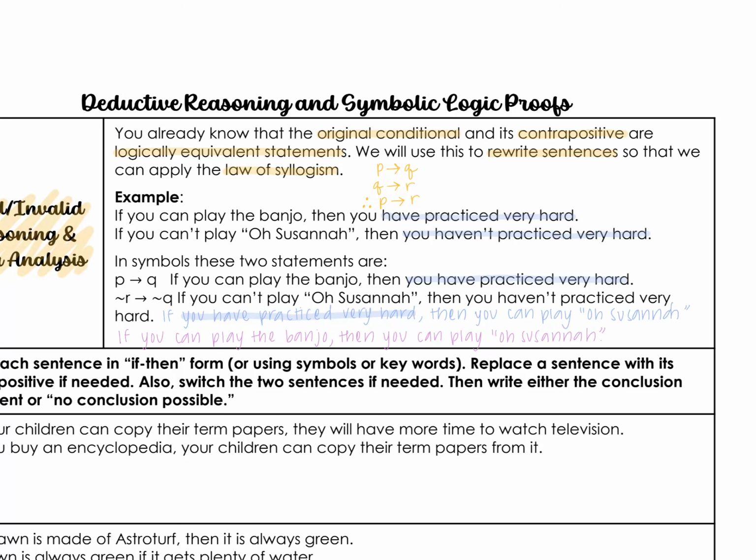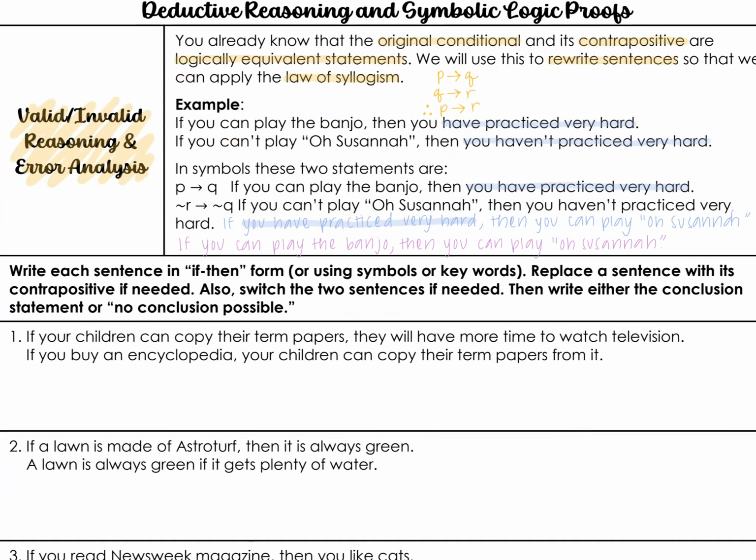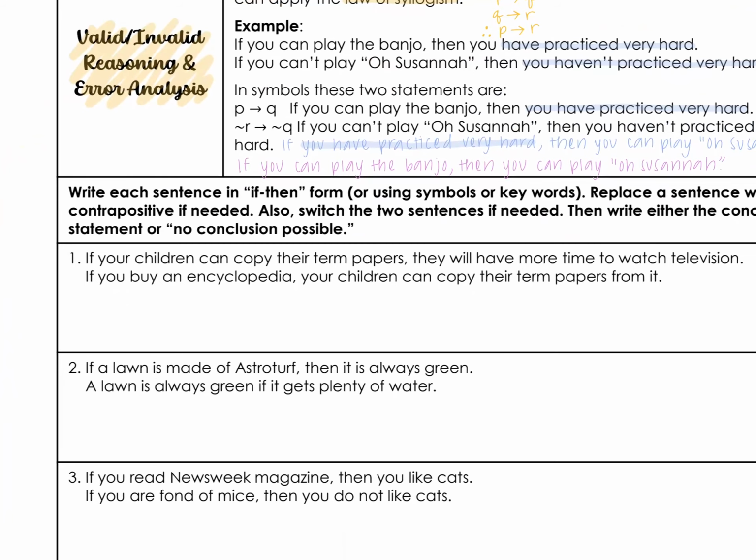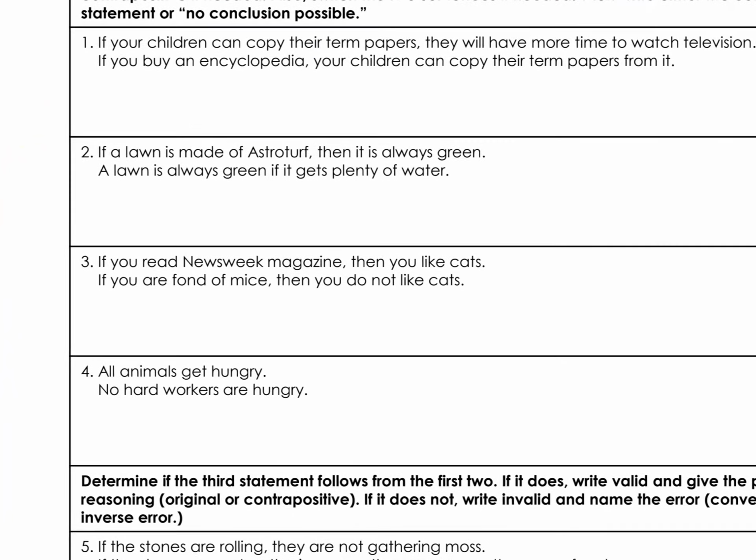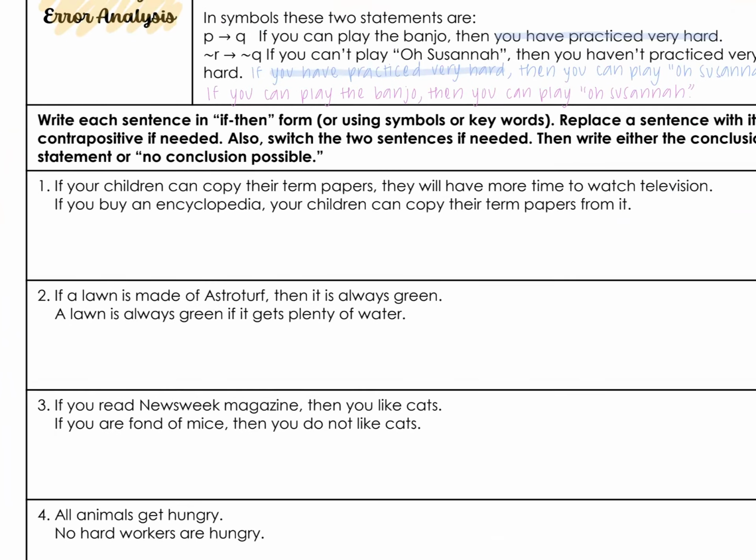All right, so let's look at some problems down below. For these four problems, we've got our instructions that say we're going to write each sentence in if-then form using symbols or keywords. We've seen those keywords in a previous set of notes.